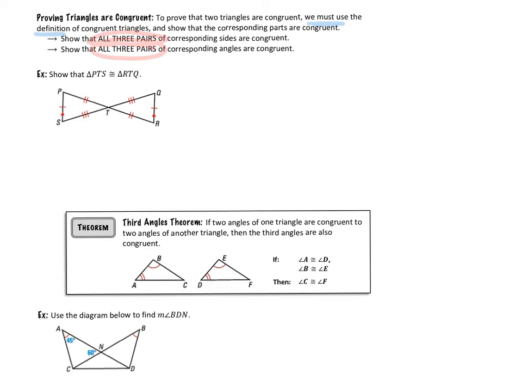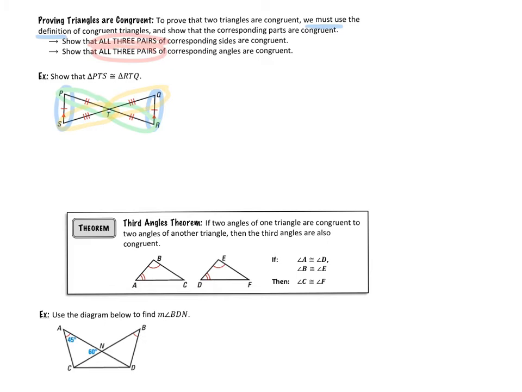For example, in order to show that triangle PTS is congruent to triangle RTQ, we need to look at our three sides first, and I have PS and QR that are congruent, and then I have PT and TR that are congruent, and I also have ST and TQ that are congruent.